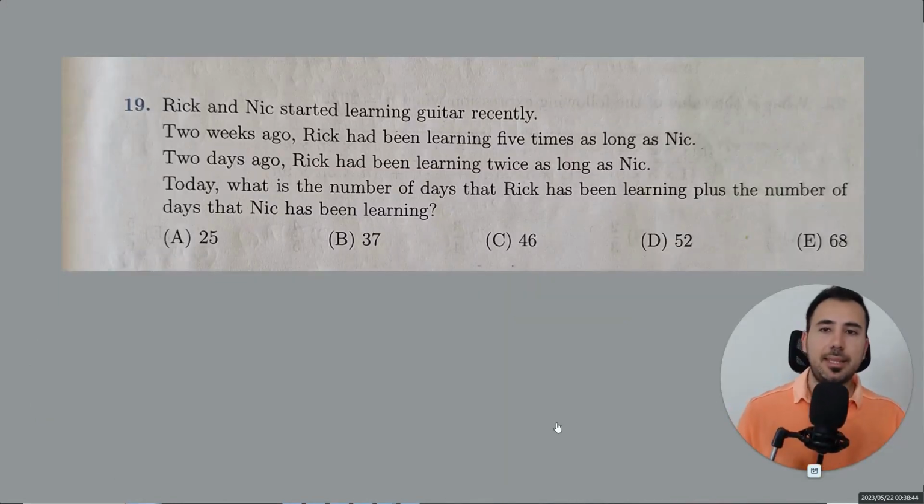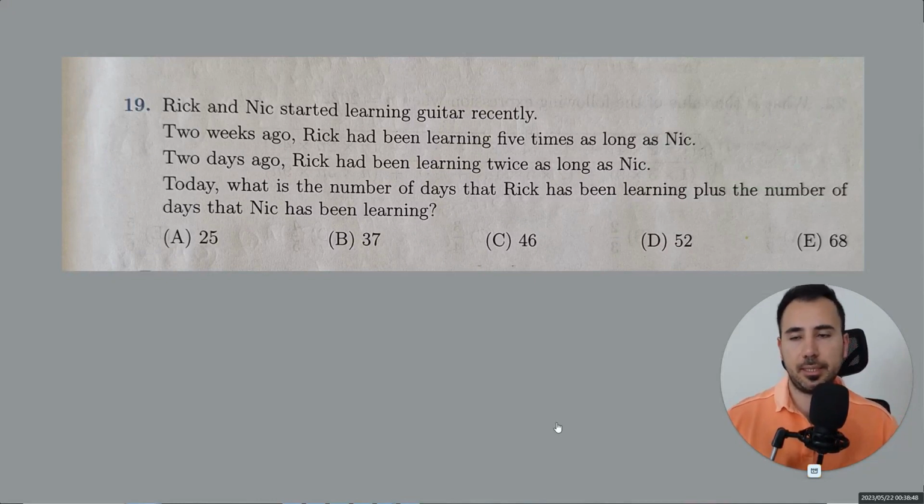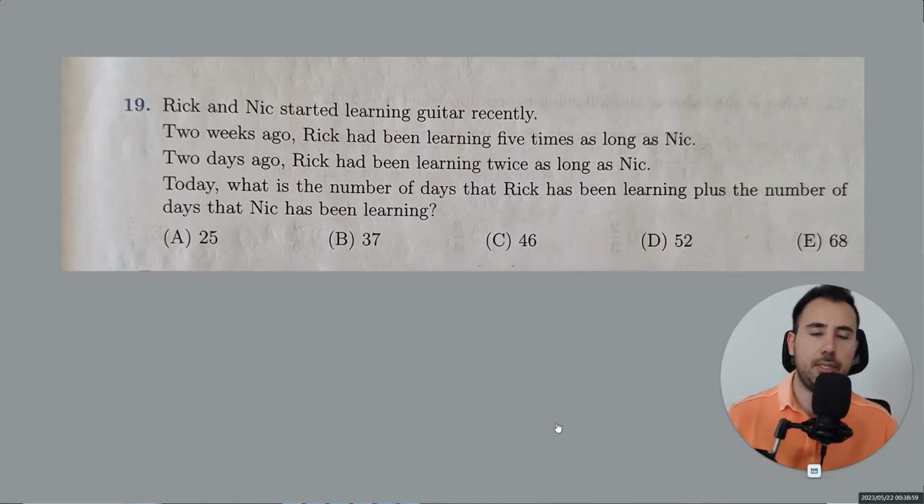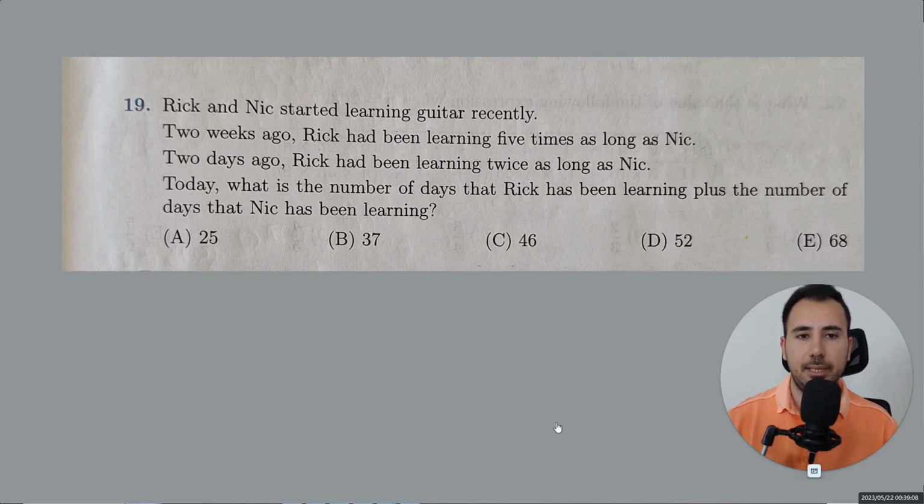Okay, Rick and Nick started learning guitar recently. 2 weeks ago, Rick had been learning 5 times as long as Nick. 2 days ago, Rick had been learning twice as long as Nick. Today, what is the number of days that Rick has been learning plus the number of days that Nick has been learning?